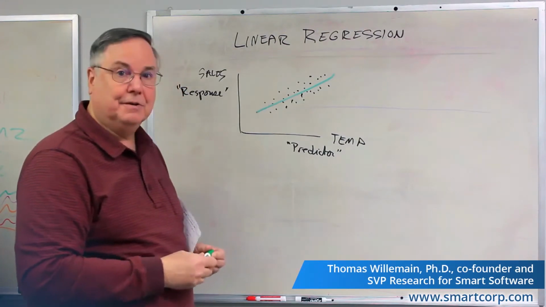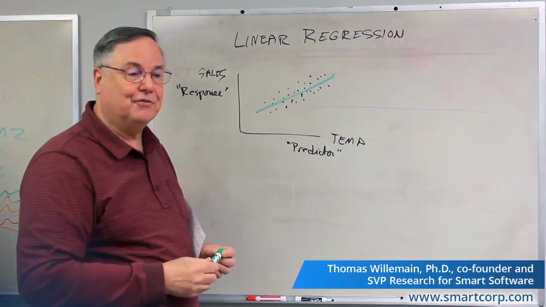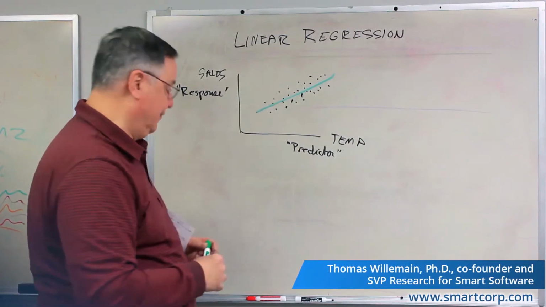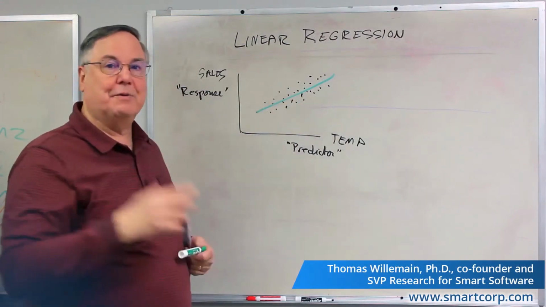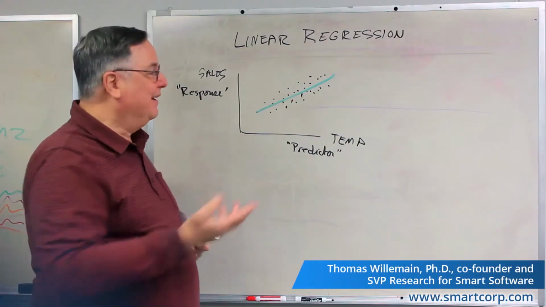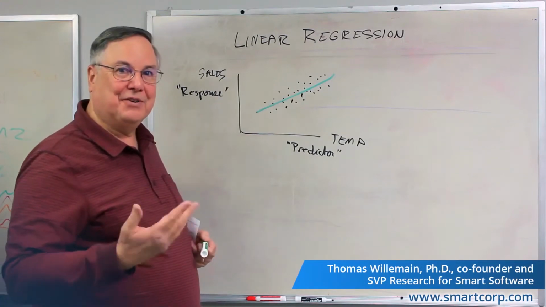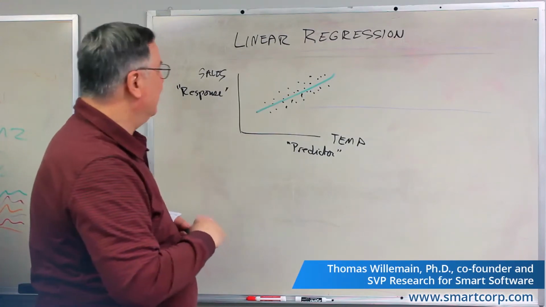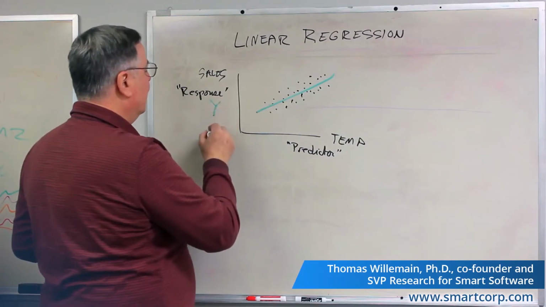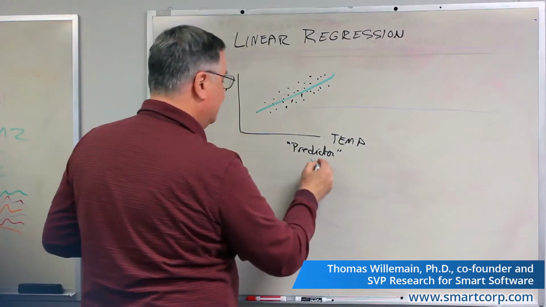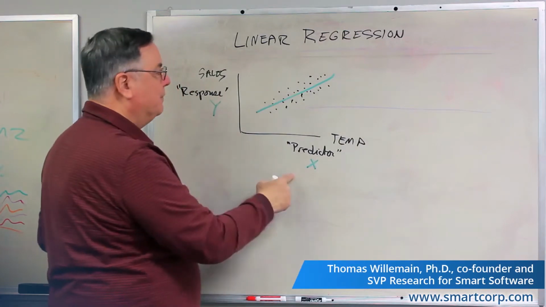The term regression has strange historical precedents back in the early 1900s. So this line, if you remember from high school algebra, a straight line has an intercept and a slope, and it has an equation. And so we'll, in general, call this y and this x. We're predicting y from x.